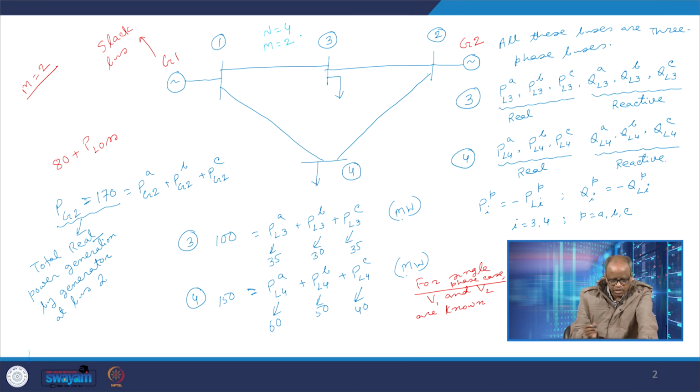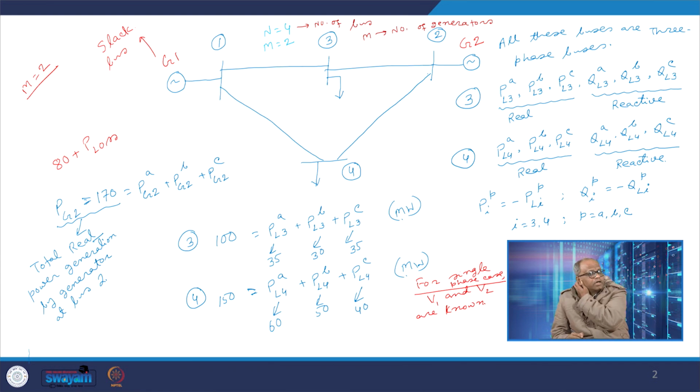So, n is the number of buses in the system, and m is the number of generators in the system.